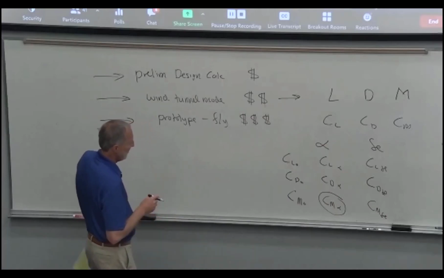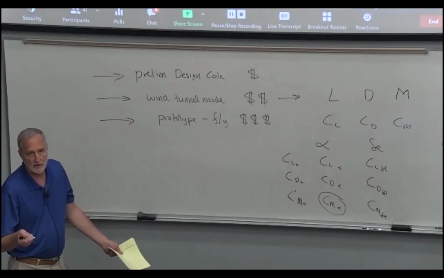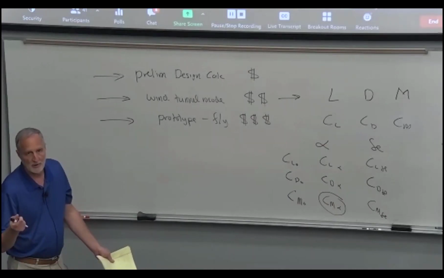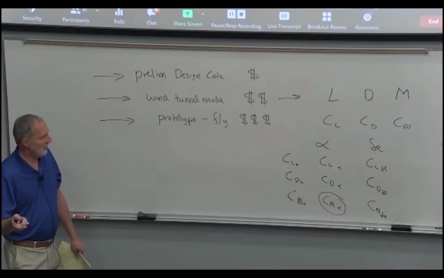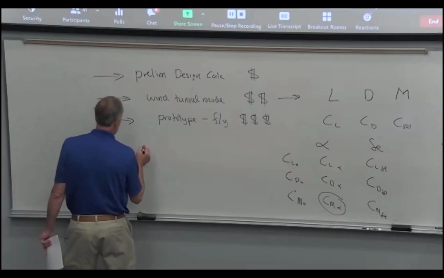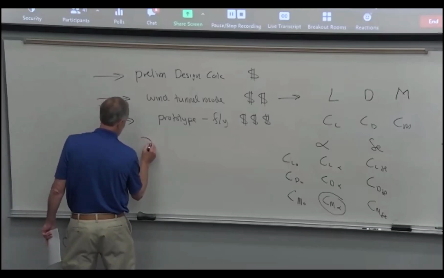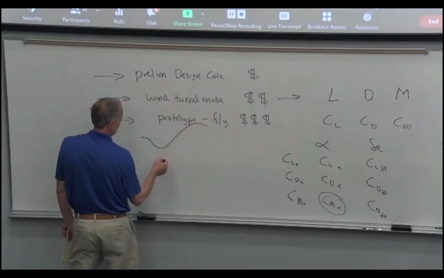There's a story that Dr. Miller tells about a senior design group a long time ago, years ago. I'm sure he tells it to every senior design class. There was a group that went into the wind tunnel and they came out with a plot that kind of went like this, but then it went up like that, and then it kind of went like that because they went from stall to stall.